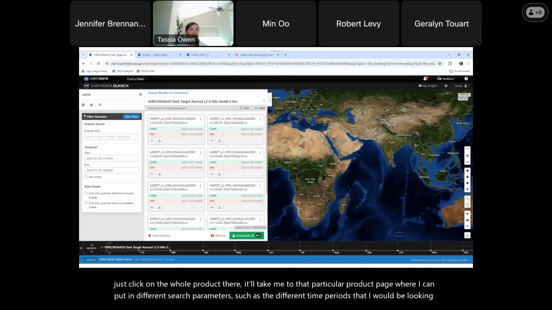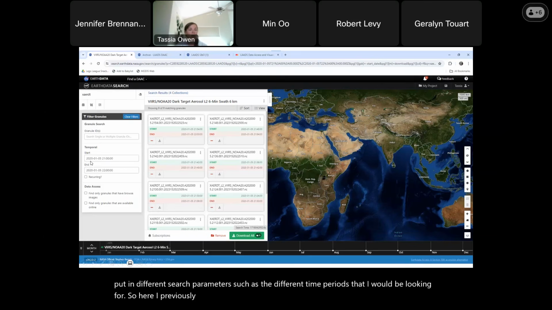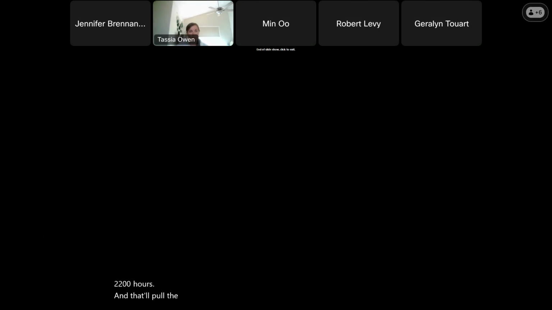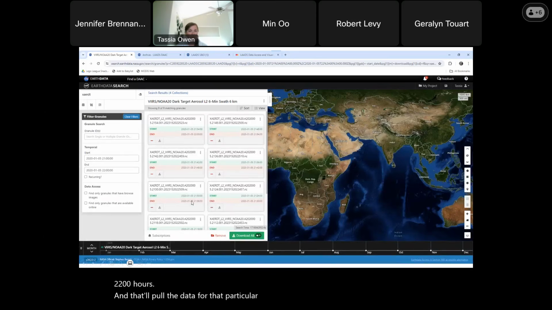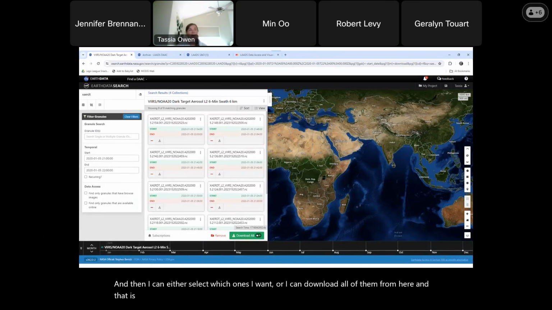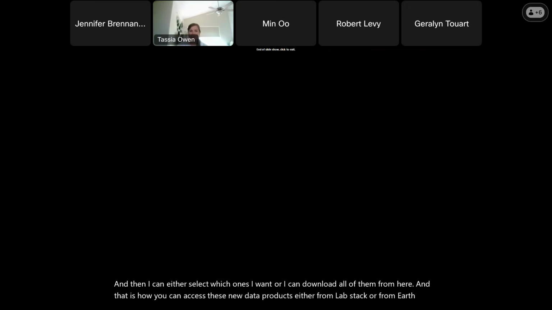So here, I previously entered these in, put in the January 1st, 2020, for between 2100 and 2200 hours. And that'll pull the data for that particular time. And then I can either select which ones I want, or I can download all of them from here. And that is how you can access these new data products, either from LAADS DAAC or from Earthdata search.